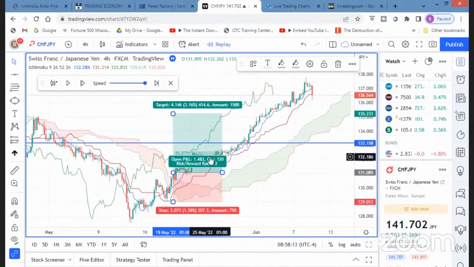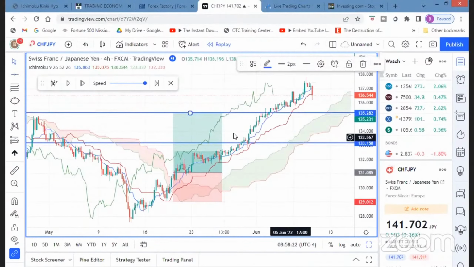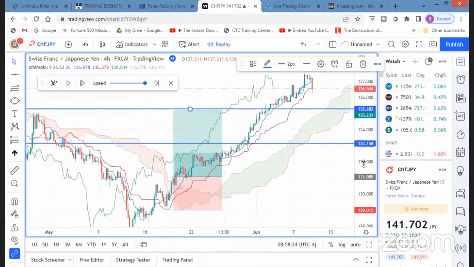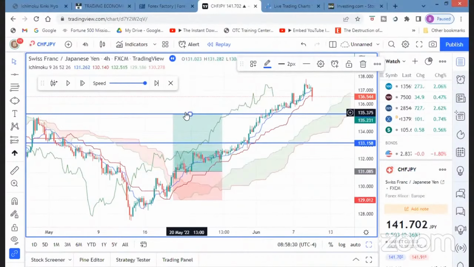Maybe I adjust my stop before there to break even or in profit. When I get to the 2-to-1 level, if this trade is running, this is trade management now. Do I take another quarter off the table? Okay, leave another quarter to run, see if I can get a 3-to-1. However you want to manage it, whatever you want to do.